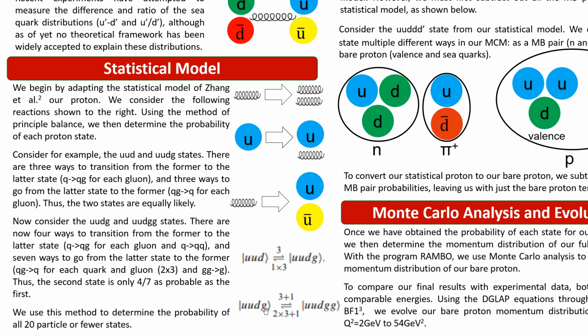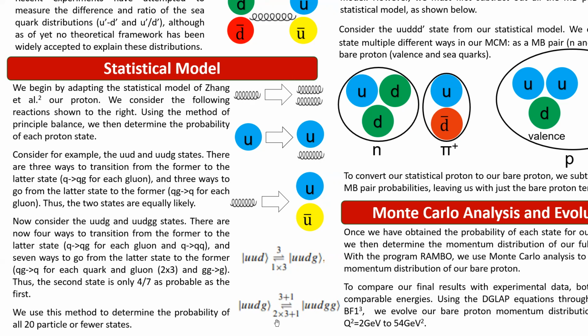If we now look at the next state up, again where we have up, up, down, and a gluon, and in this right state we have two gluons, we essentially need to create one more gluon. We can create that extra gluon using our middle reaction here, just like the last time, or we can have a gluon emitting another gluon. So now we have four ways to go from left to right.